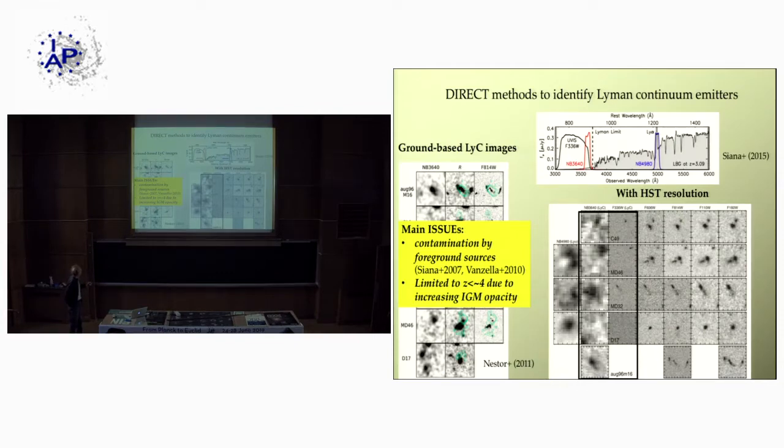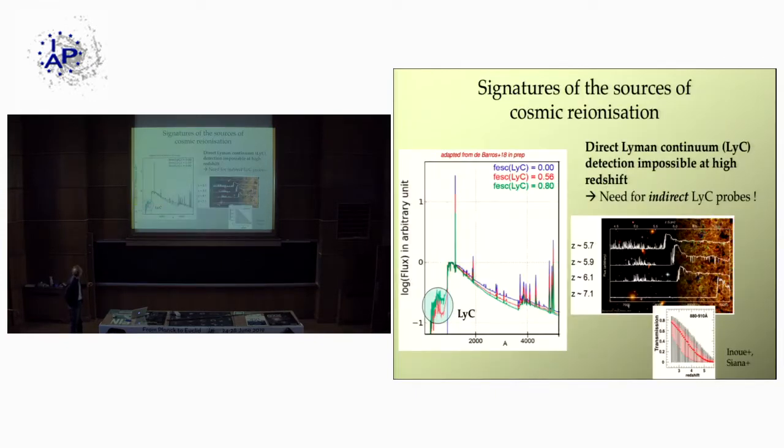Direct searches for Lyman continuum emitters are also complicated by the intergalactic medium itself. As you certainly know, if we observe to increasingly higher redshifts, the Lyman-alpha forest absorbs a significant fraction of the flux, and basically renders any direct observation of the Lyman continuum above redshift 4 or 5 or so impossible, or at least statistically very unlikely.